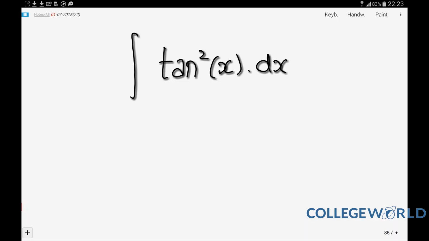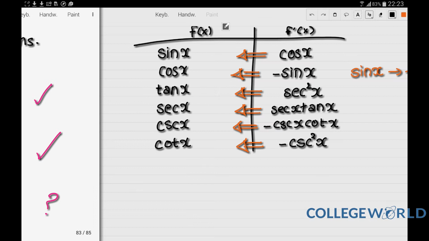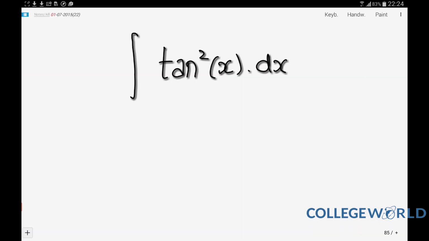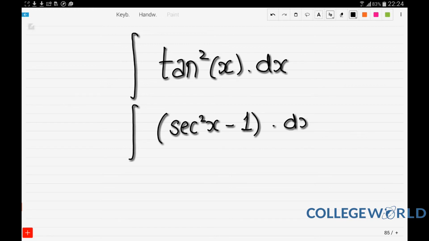So what do we do? In case we don't know, the first thing that crosses our mind is, why don't we use trigonometric identities? Do we have any identity to do with tan squared x? Yes, we do. So we're going to change this into the integral of sec squared x minus 1 dx. As we know, when we have a minus or plus, we can simply divide it into two integrals.